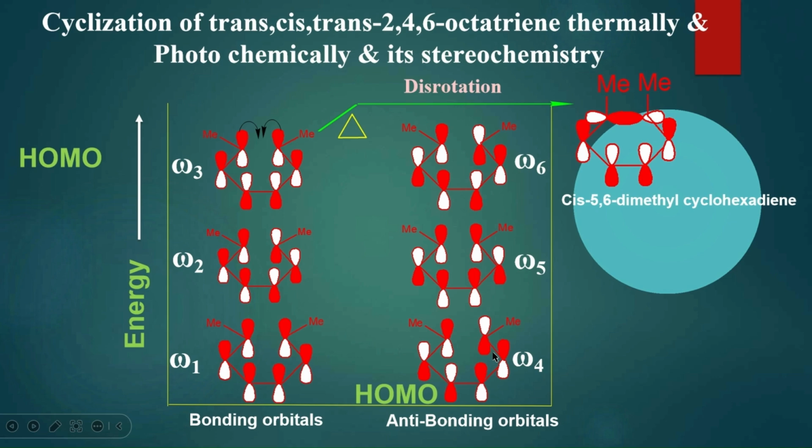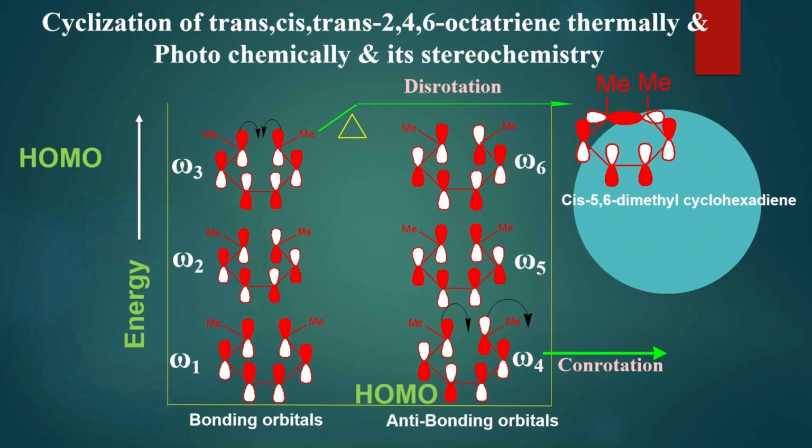When it is induced photochemically, the 2p orbitals at the 2 position and 7 position undergo conrotation. Both the p orbitals rotate by 90 degrees in the same direction. Both are rotating clockwise, that is conrotation.